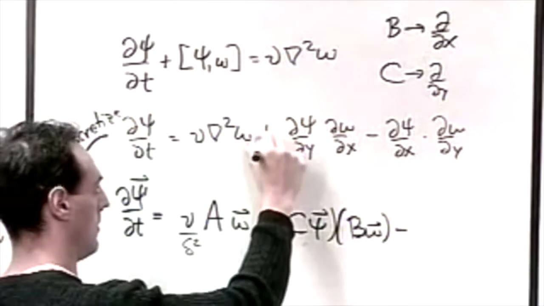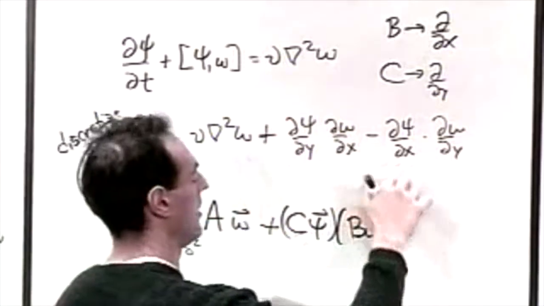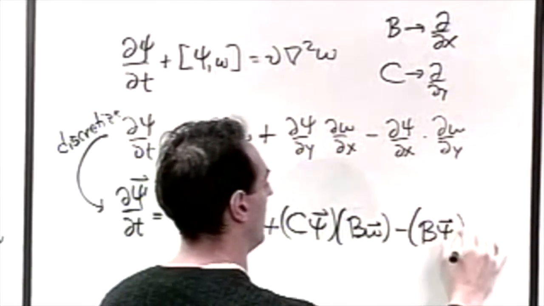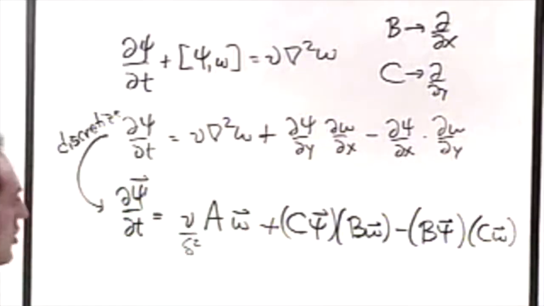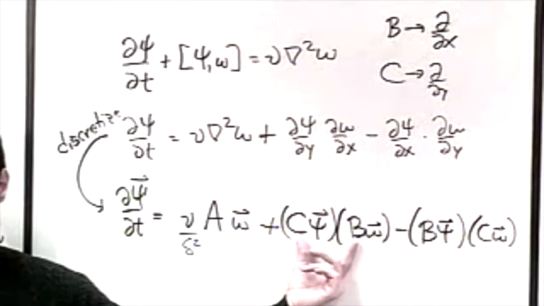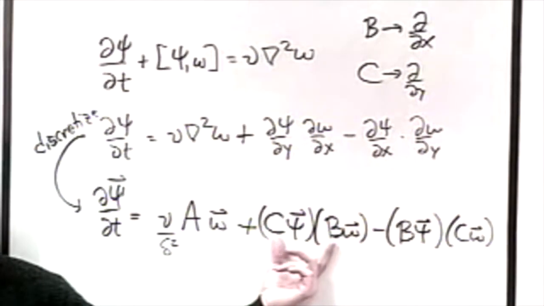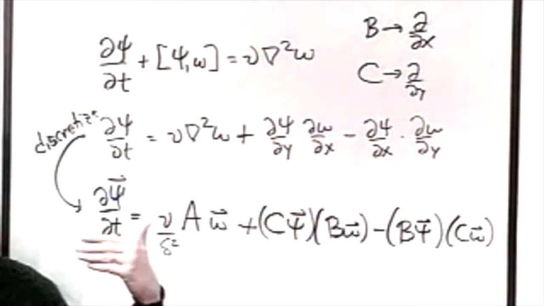That one. And then you have this here, psi dx, which is B psi, C omega. So under discretization, and in fact in your homework, you're going to have to find out what C and B are. You already know what A is. I gave it to you already.